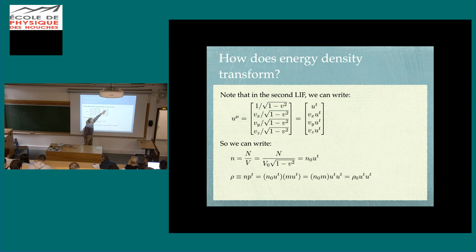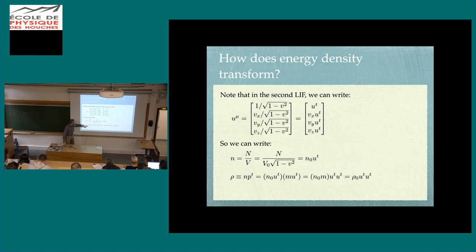We could write all the other components in terms of their ordinary velocities times the time component. And so we could write the number density, which is N over V, which we decided was N over V0 times this Lorentz contraction factor. We could just write that as the original number density times the time component of the 4-velocity of the dust.